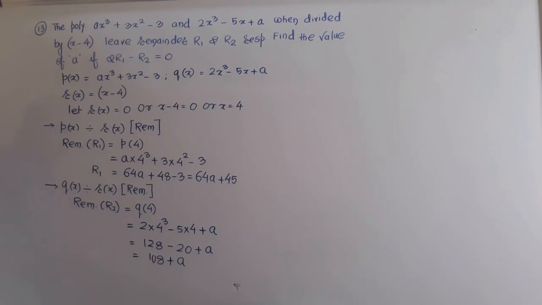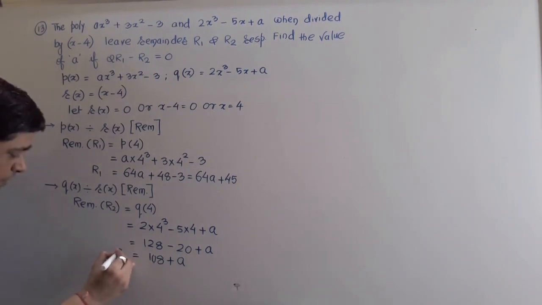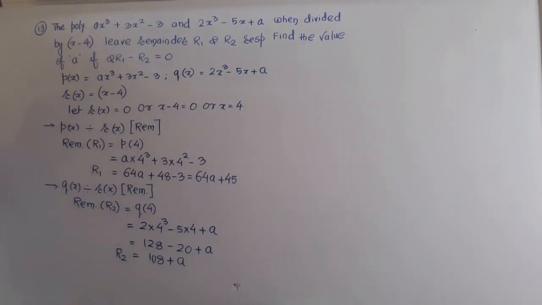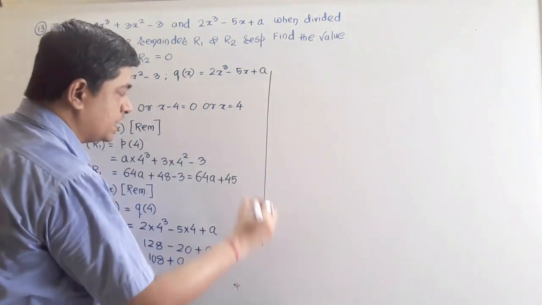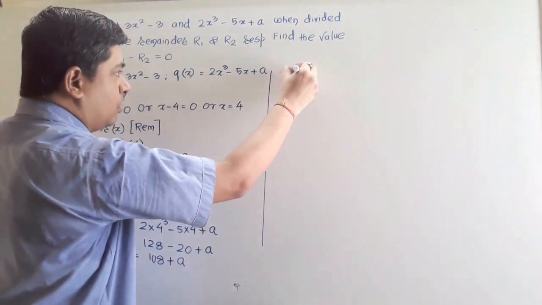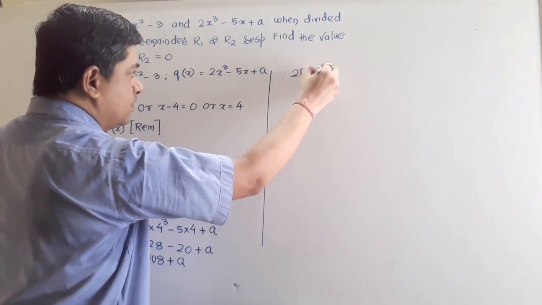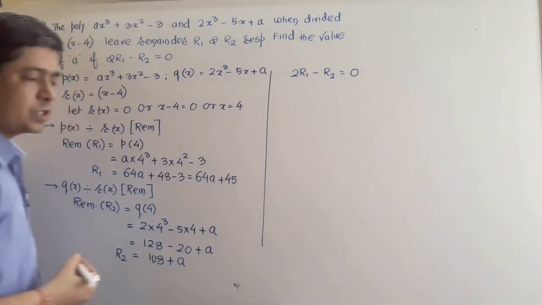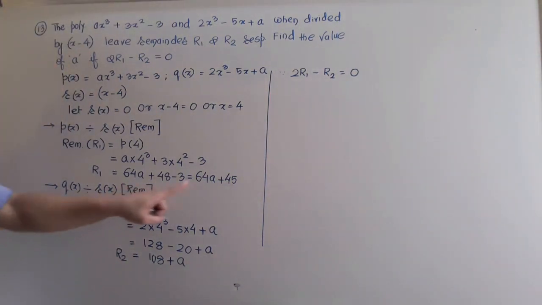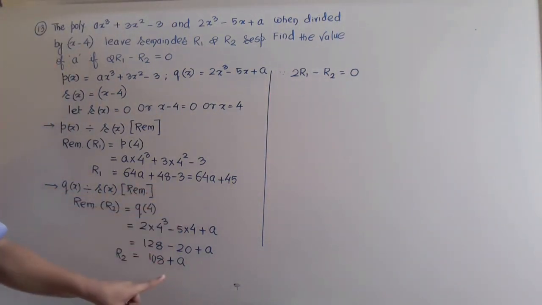Now see, we got the value of R1 as well as the value of R2. Now we are given one equation in the question, 2R1 minus R2 is equal to 0. So let us write down that equation here. Since twice R1 minus R2 is equal to 0, given in the question, we put in the value of R1 and the value of R2.